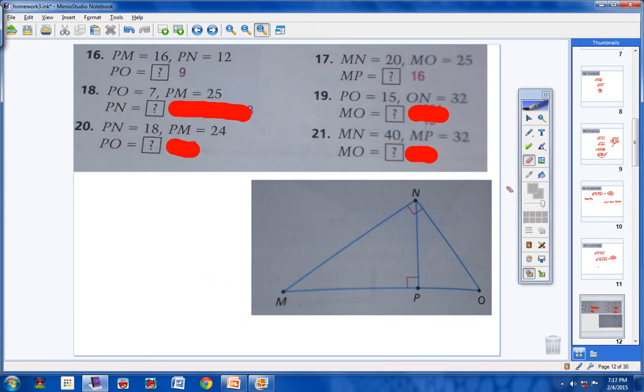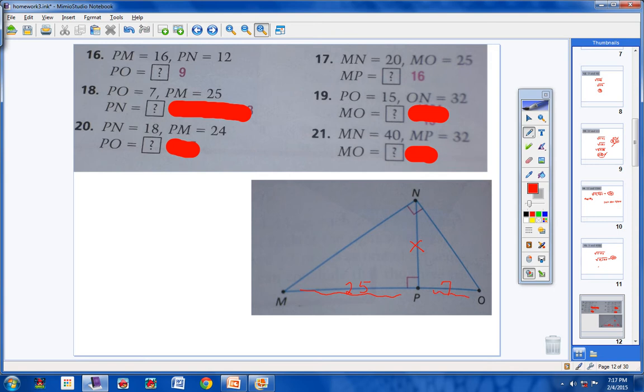Alright, on to number 18. We have PO is 7. PM is 25. Find PN. Here's your x right here. Well, guys, we learned that this altitude right here is the geometric mean of these two segments here. This segment here and this segment here.